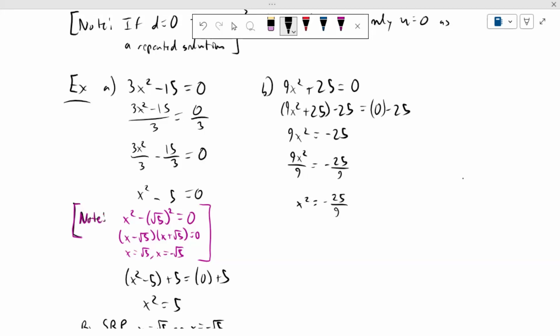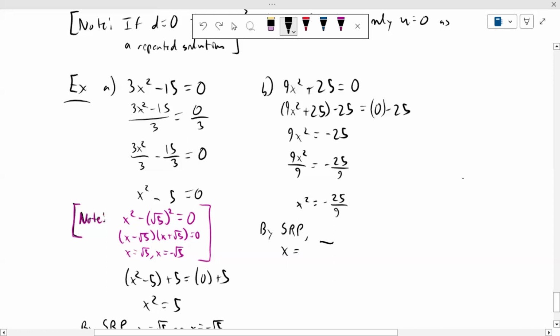All right, so now we're ready to use our square root property. By SRP, we get that x is equal to the square root of this thing. I'll write it out first and then I'll simplify it. I don't want to lose anybody here. Oops, I lost my negative sign.